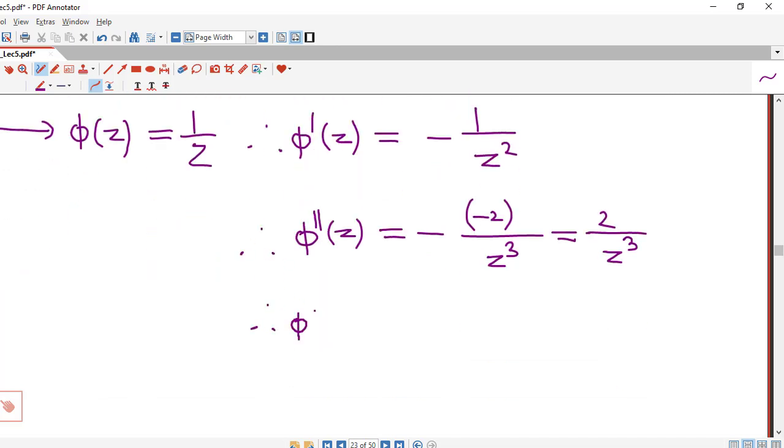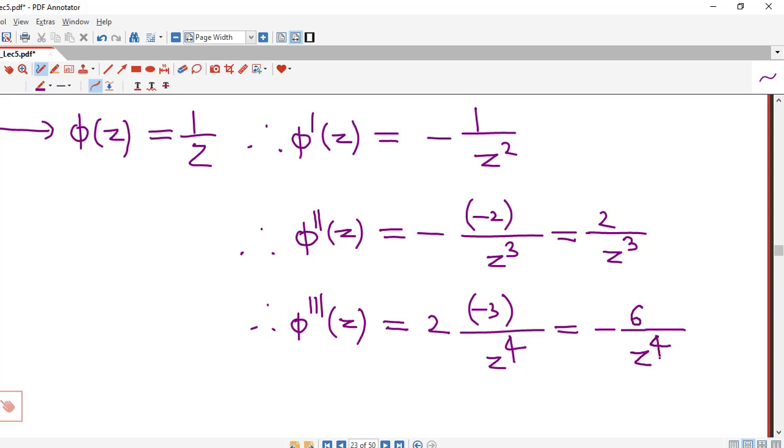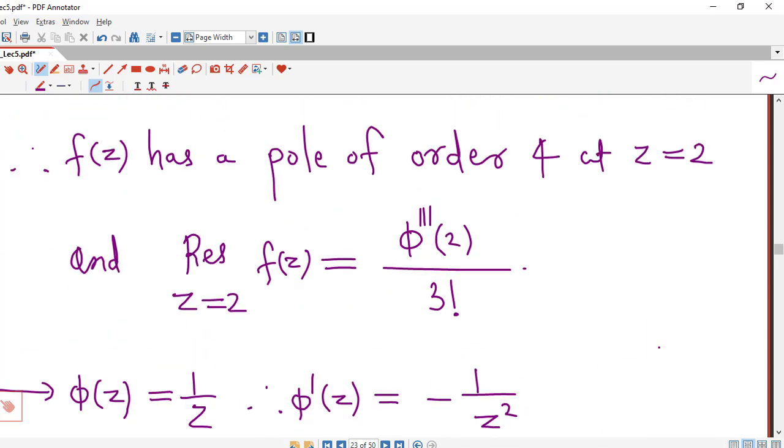Therefore now we find the third derivative. So for that, 2 as it is, the derivative of 1 over z cube is minus 3 divided by z raised to 4. This is nothing but minus 6 divided by z raised to 4, and we are interested in the value of the third derivative of phi at z equal to 2.